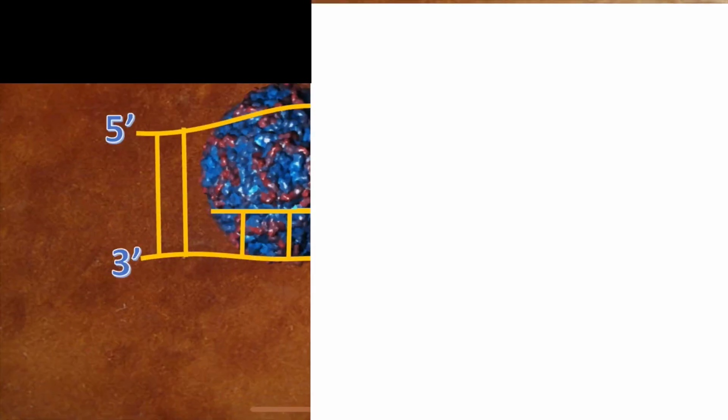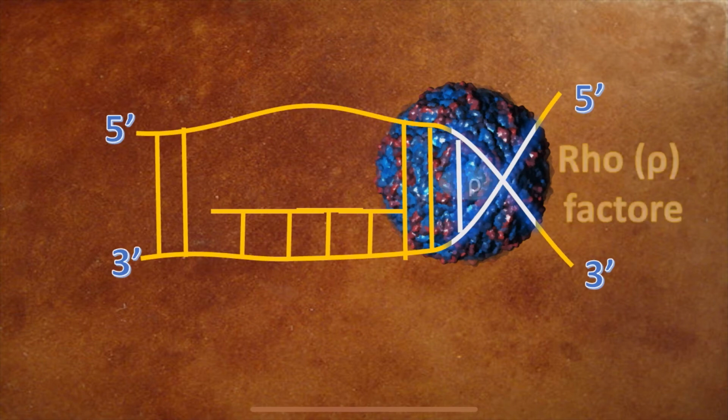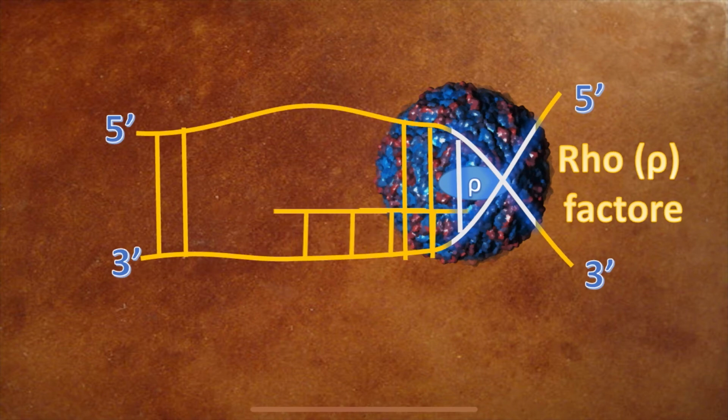After that, there is the recognition site where termination of RNA transcription is required to move ahead. But here it requires the Rho factor. It is essential for the termination.